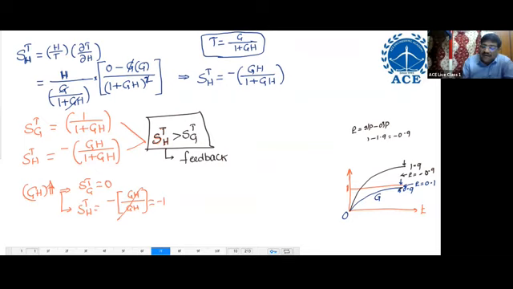S_T^H is always greater than S_T^G. That means the feedback network is more sensitive than the forward path.